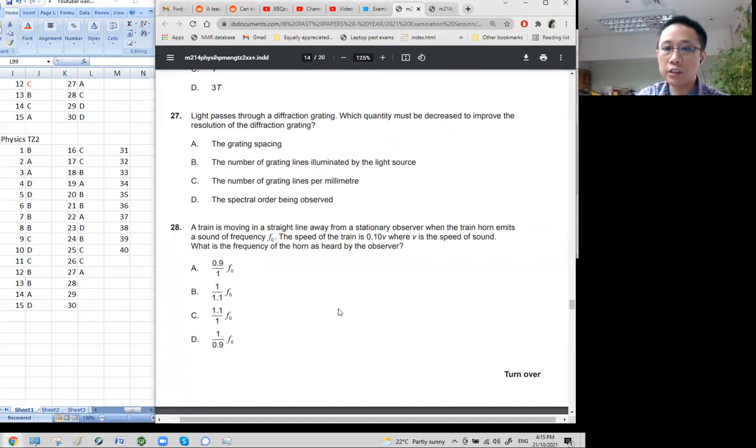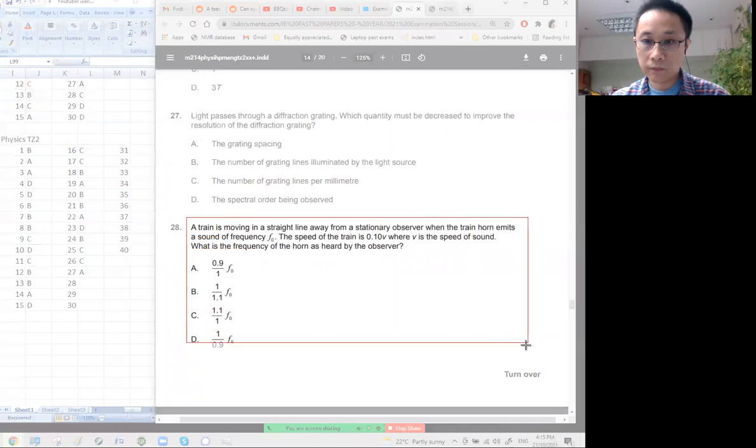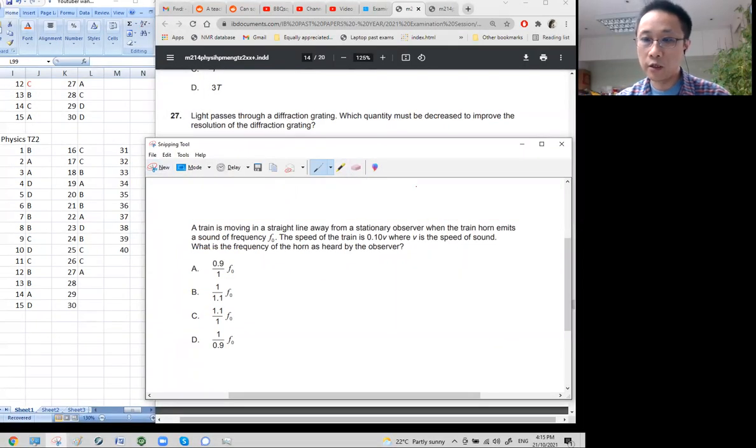A. Question 28, a train is moving in a straight line away from a stationary observer when the train horn emits a sound of frequency f0. So this is a, well, let me screen cap this first. The equation for a moving source and a stationary observer is f equals f0 times v over v plus v source.